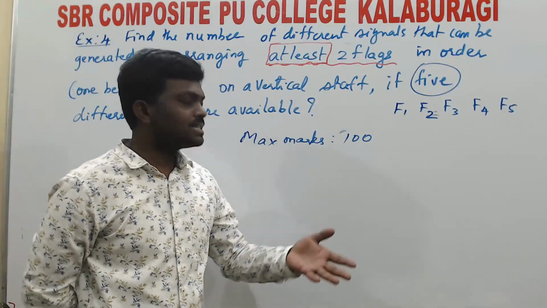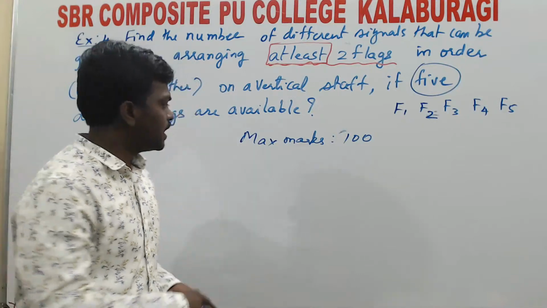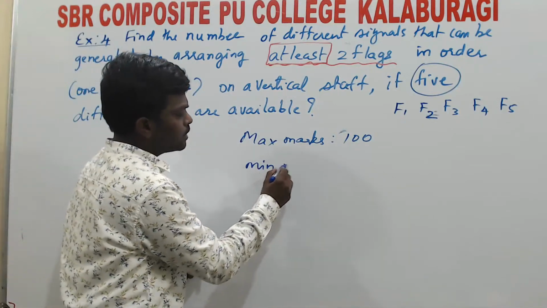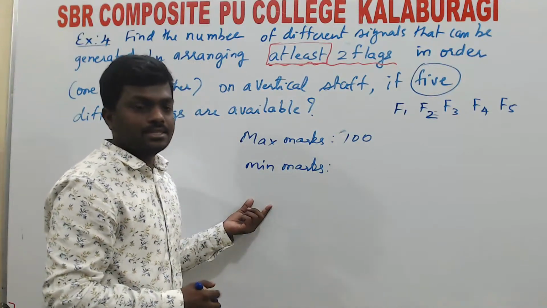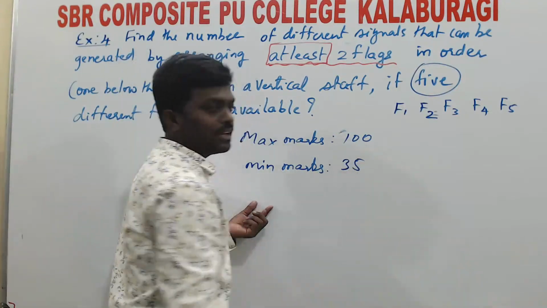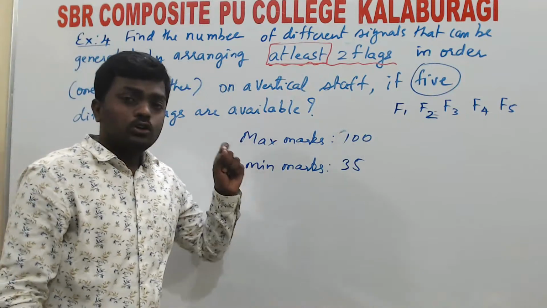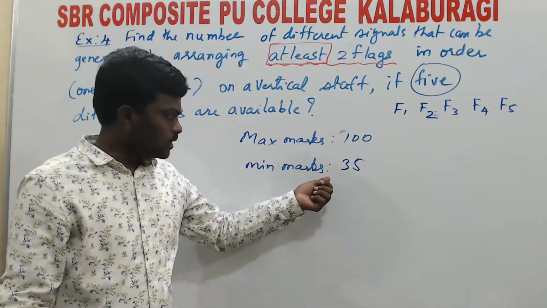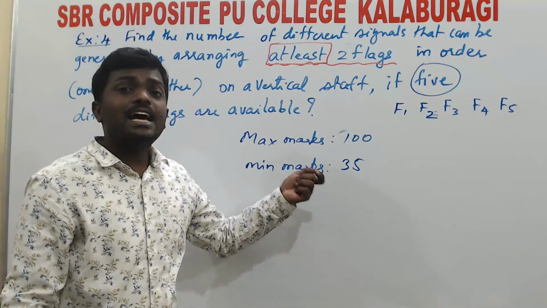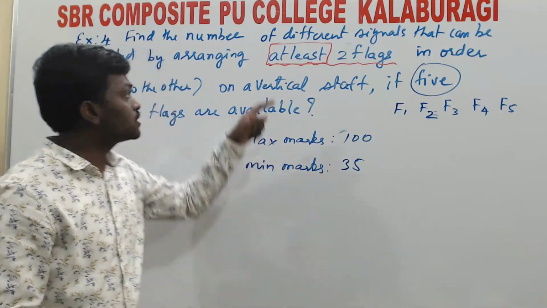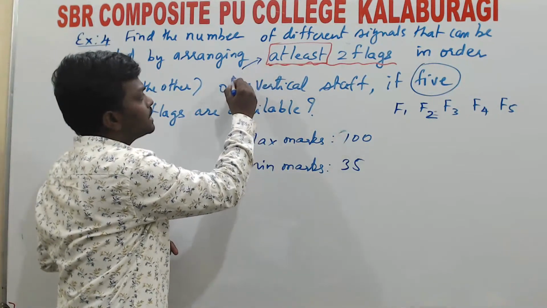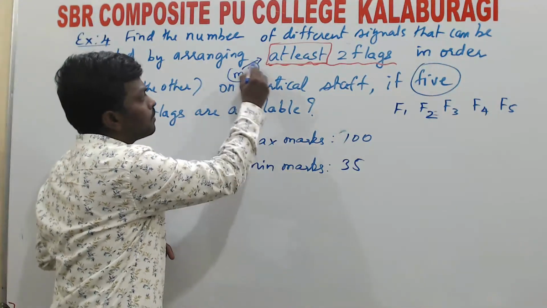If you ask anybody, what's the minimum marks we should get so that we can pass the examination? That is 35, right? So to pass the subject, we need at least 35 marks or minimum 35 marks. So this at least is nothing but minimum.